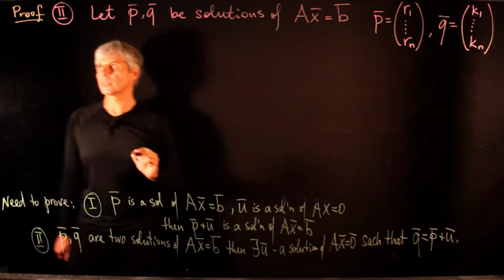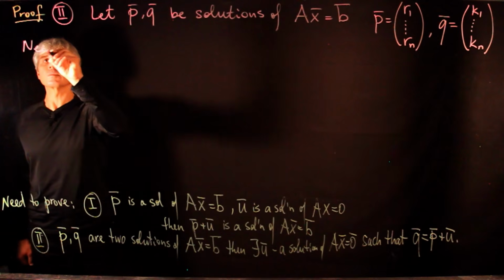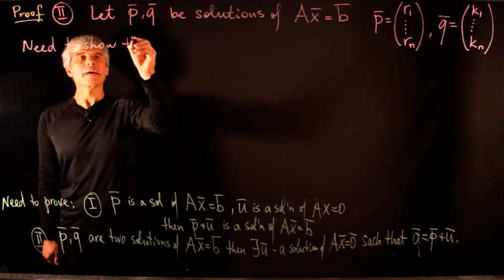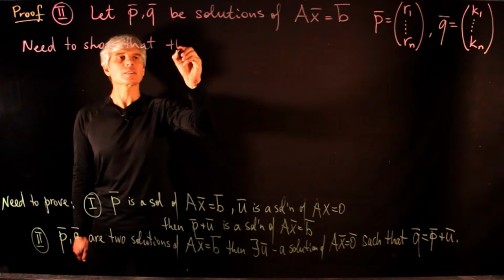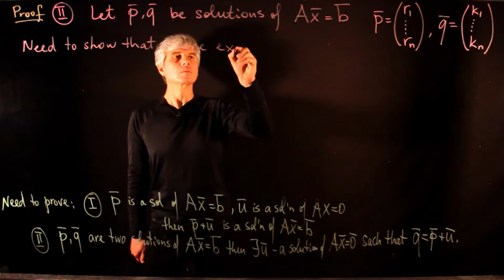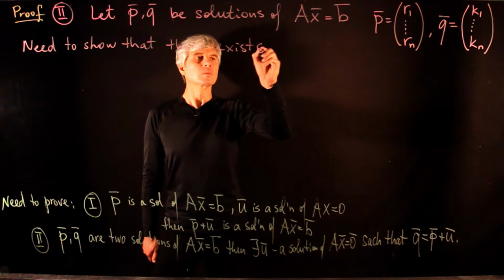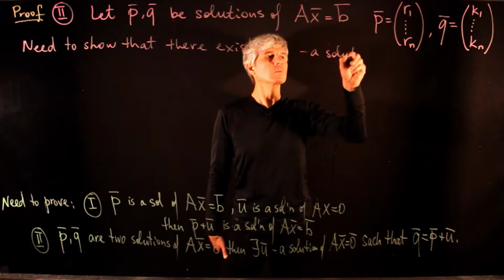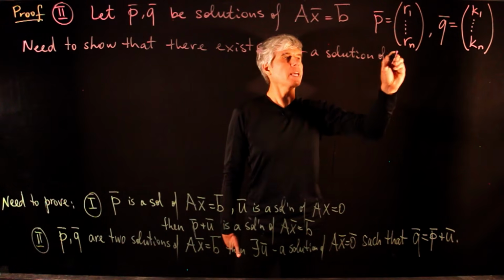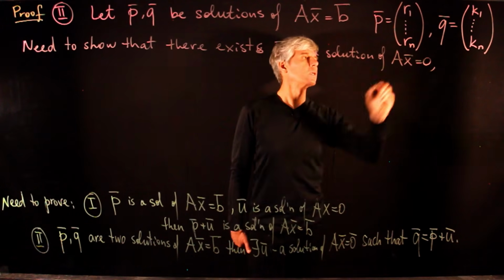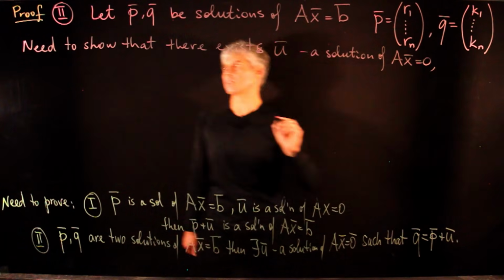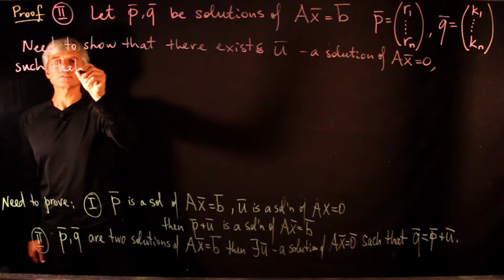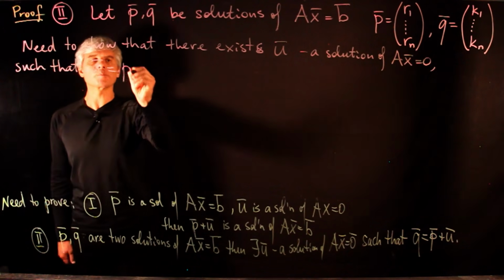Now we need to show that there exists u, a solution of Ax equals 0, such that q is equal to p plus u.